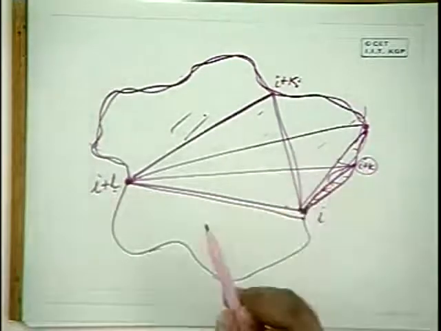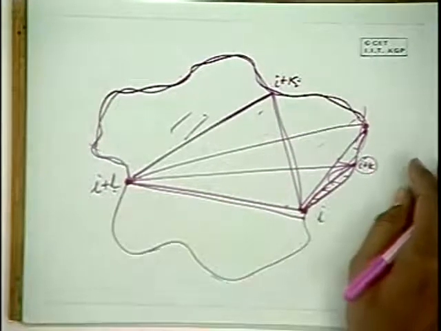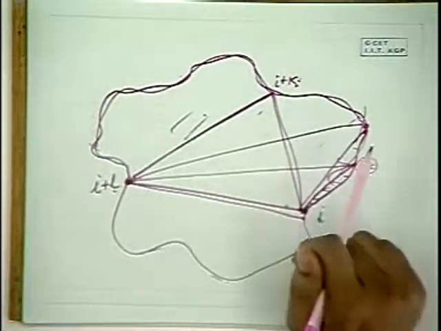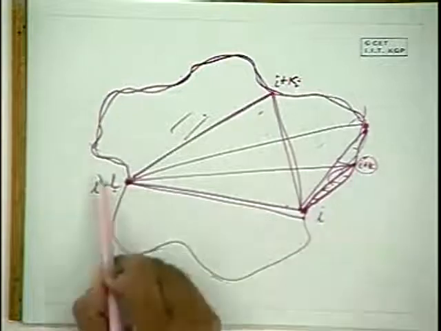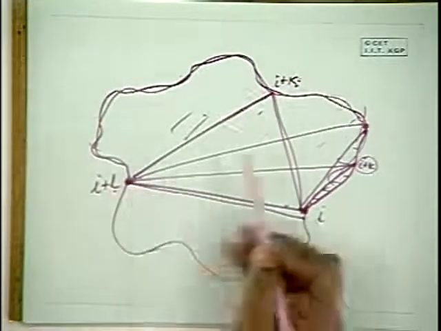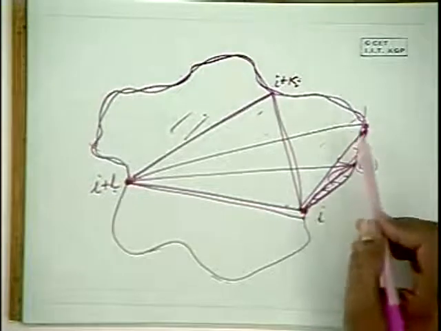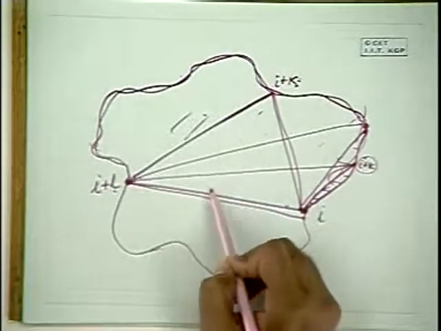So when I say you are keeping the optimal triangulation of the subpolygons in a table, what does it mean? It means since you have varied L from 1 and it is increasing, you have already computed all the subpolygons which are smaller than the subpolygon you are considering now.